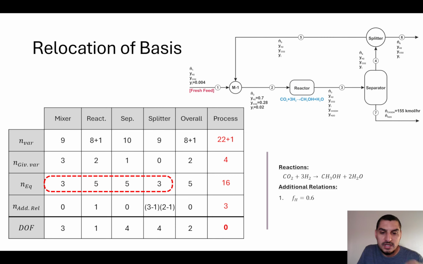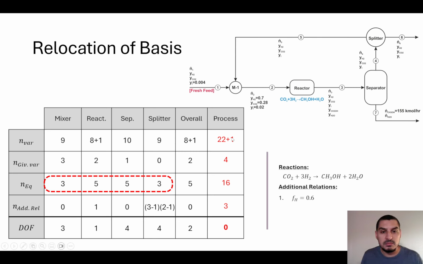And now comes the importance of this column. You can see now that the process is solvable with the given information, although we have no unit that has 0 degrees of freedom, which is a very common case when we have recycle streams. The reason is we have enough information, but this information is scattered.